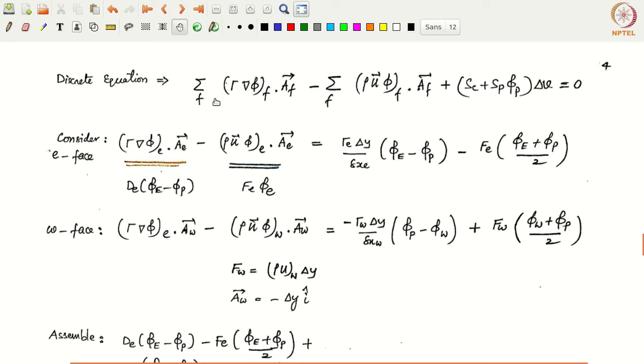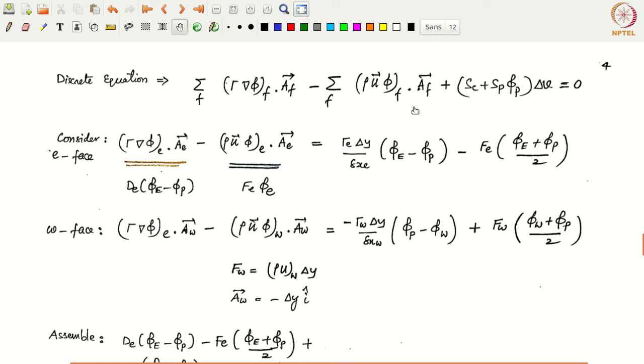So what we have is sigma f gamma grad phi f dot Af bar minus sigma f rho u bar phi dot Af bar plus Sc plus Sp phi P times delta V P. Now, you already know this last term and the first term, right? This is what we have been doing in the diffusion equation. The only extra term is this one, which is rho u bar phi dotted with Af bar.